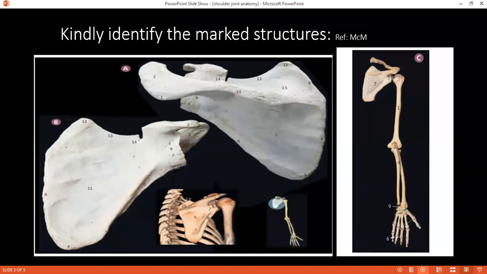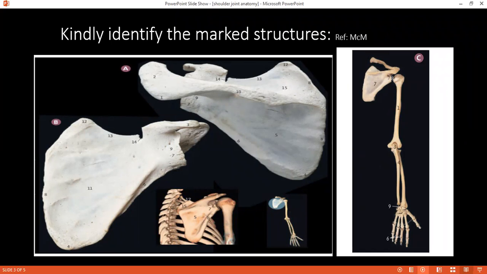So dislocation occurs commonly on this side. There is another thing as well, laxity of the capsule. The capsule is also lax.